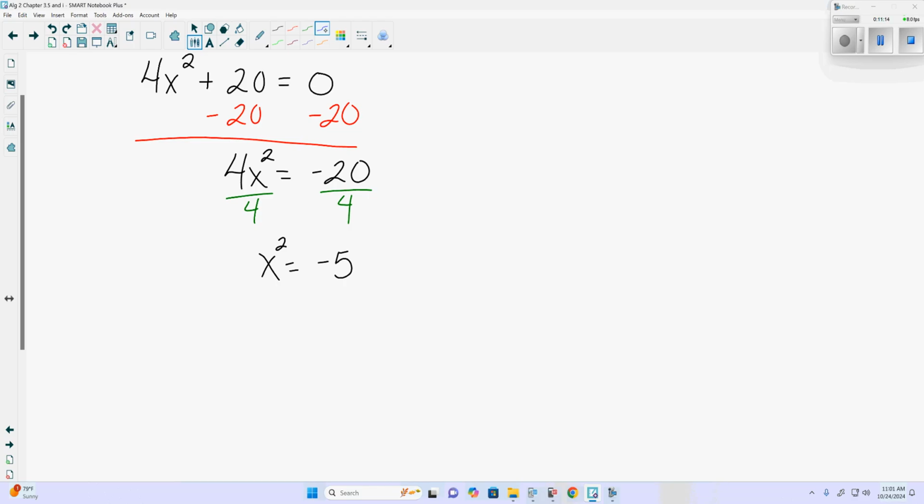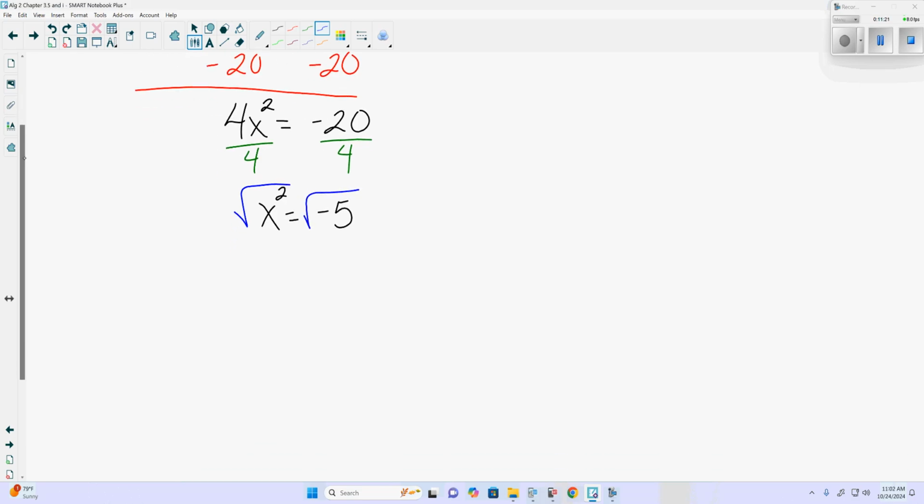Then we would square root both sides. So x equals plus or minus. The negative does come out as i, but the square root of 5 does not reduce. So it's x is equal to plus or minus i square root of 5.